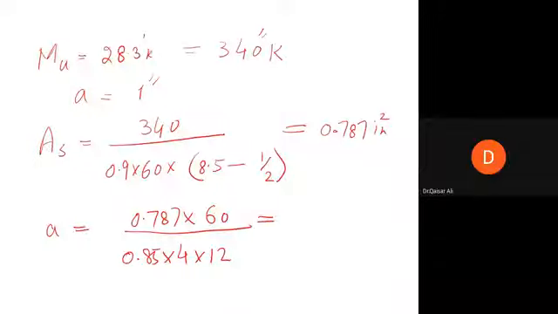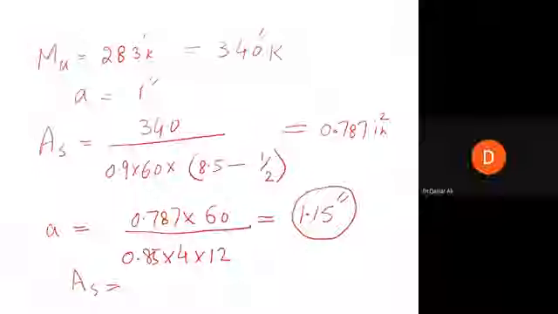That is 0.787 times 60 divided by 0.85, divided by 4, and divided by 12, equal to 1.15 inch. We'll recalculate As. The difference between 1 inch and 1.15 inch is very small, so the result will not be too much affected. But let's calculate this value once again.